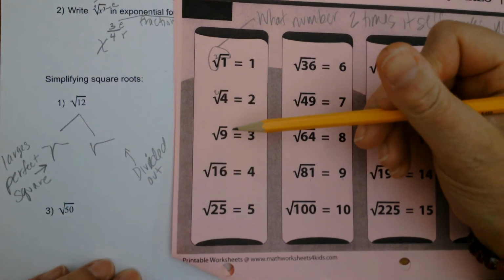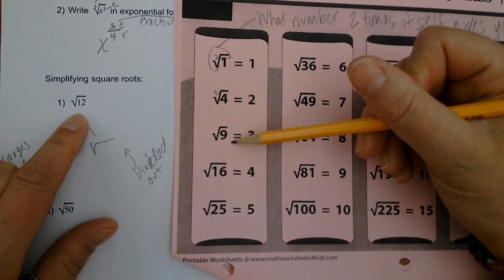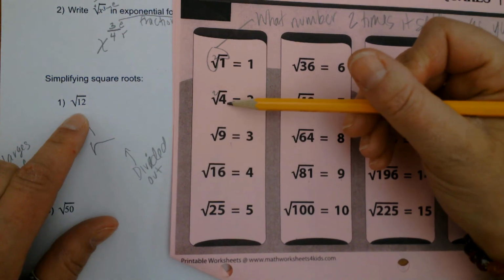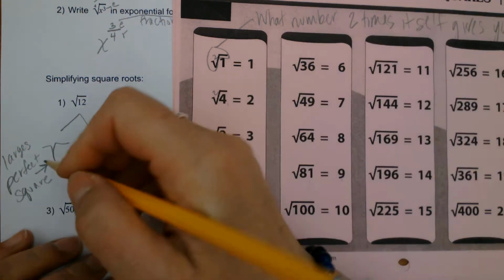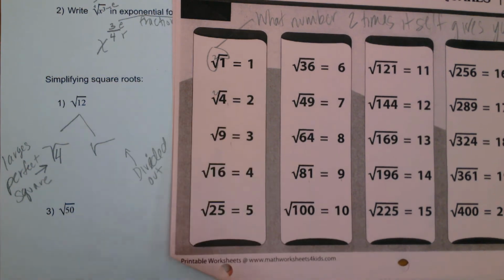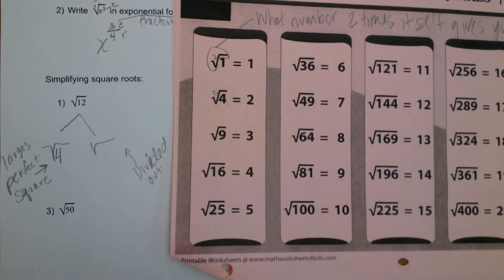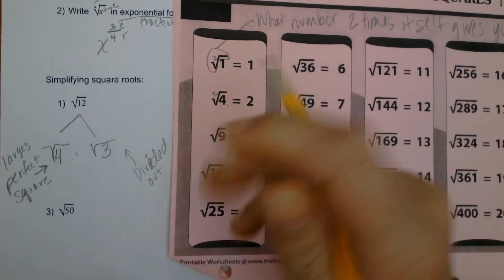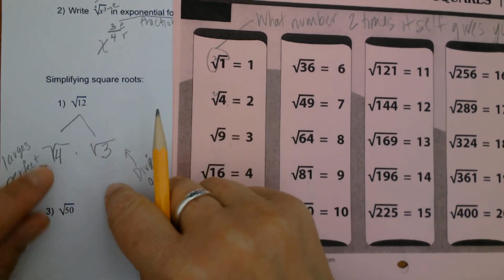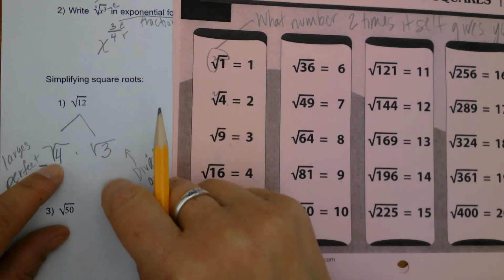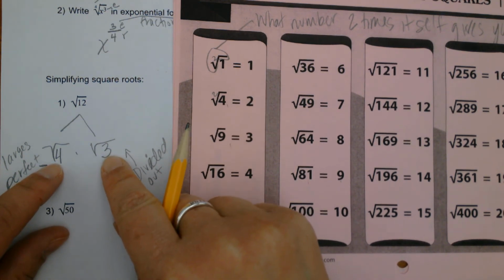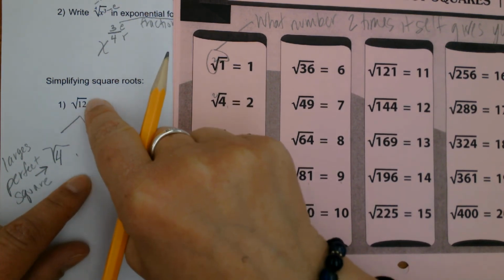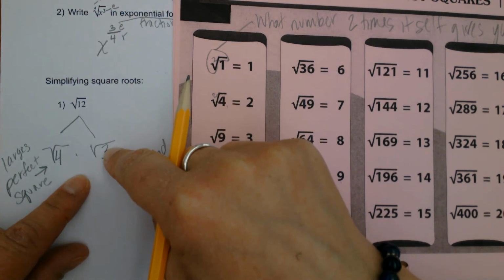Well, I don't think we can do 9 because we can't divide 12 by 9. Can we divide 12 by 4? Yes. So the perfect square that we can divide 12 by is 4. Well, 4 times what gives you 12? You got it, 3. So we have to take this apart so that one part is the perfect square and the other part is whatever we have to multiply to get back to 12. So 12 divided by 4 is 3.